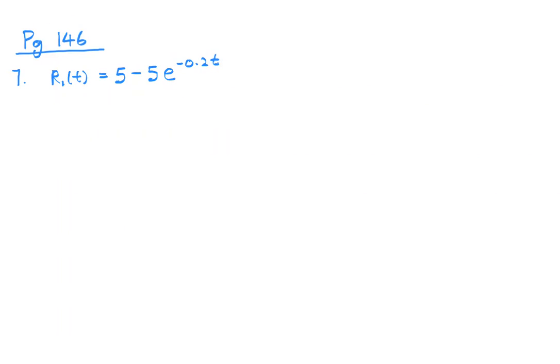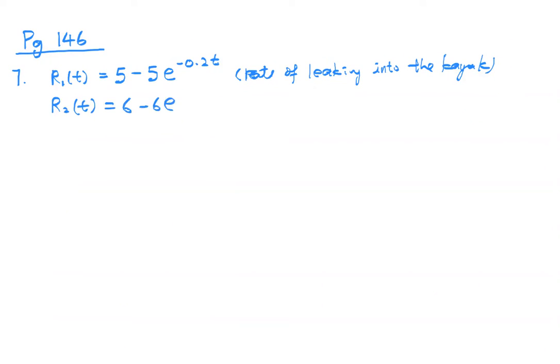Then this is the leak, the rate of leaking into the kayak. Okay. Then R2(t) is 6 minus 6e to the power negative 0.1t.